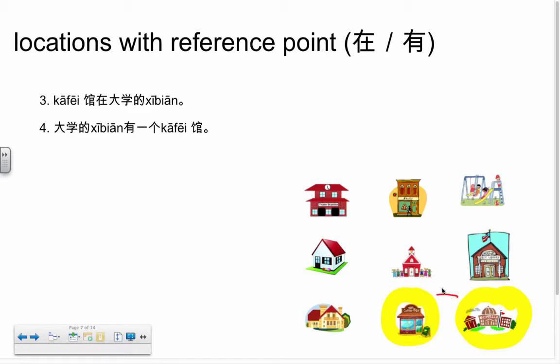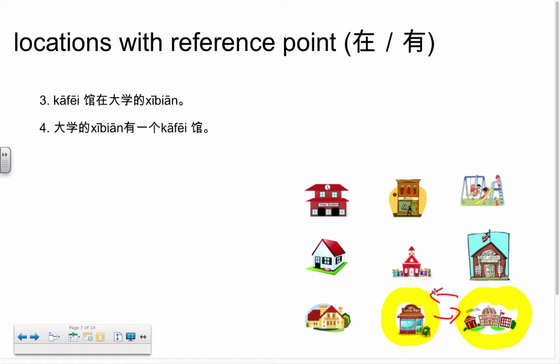True. And the fourth one, I put 大学的西边有一个咖啡馆. And so this one I did backwards, which is also fine. To the university's west, there is a coffee shop. So that's fine too. Again, same exact thing, but two different ways. Okay?